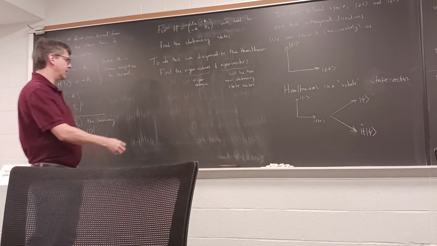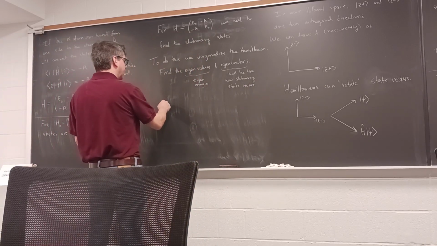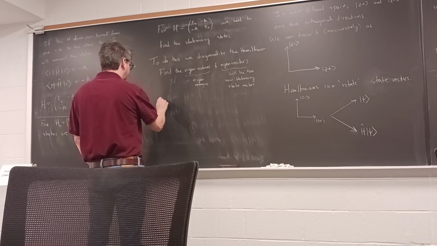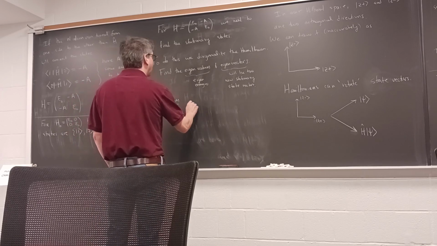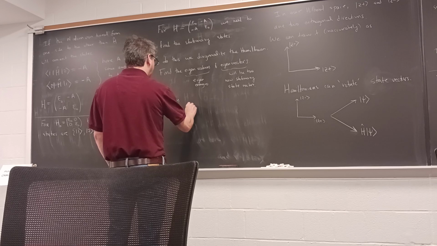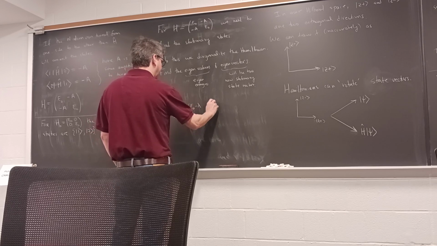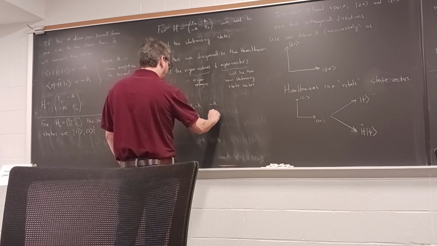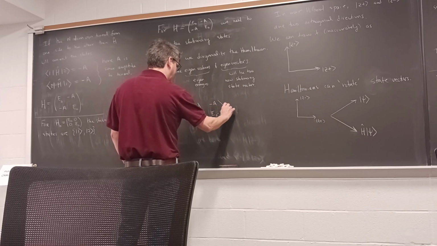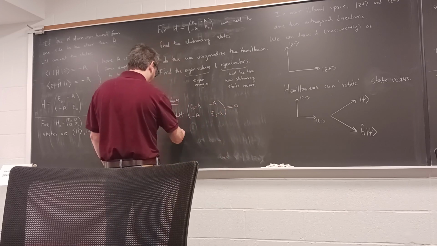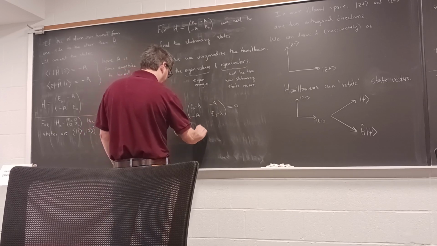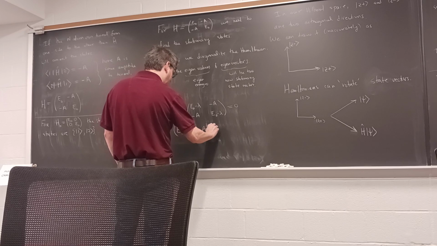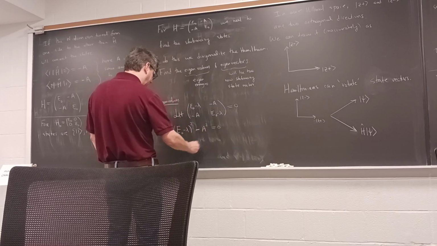Okay, so this is just an exercise in linear algebra. To find the eigenvalues, we just take the determinant of E0 minus lambda, minus A, minus A, E0 minus lambda, and this must be 0. So we have E0 minus lambda squared minus A squared equals 0, so we can bring the A squared to the other side.